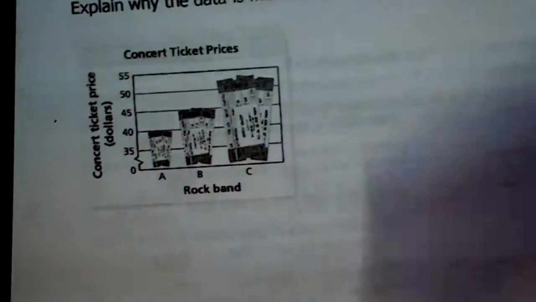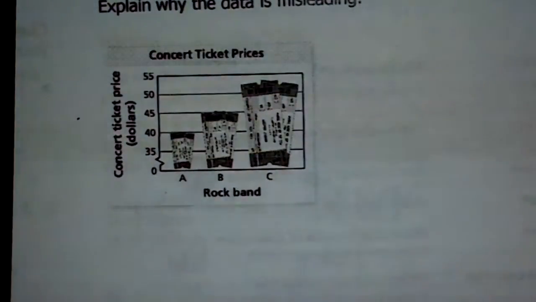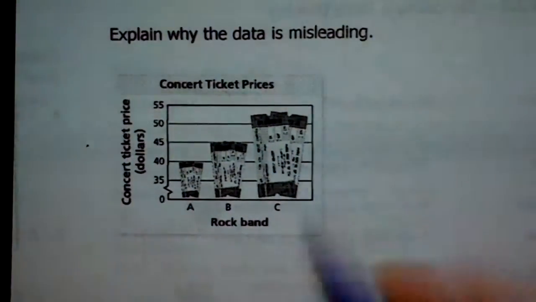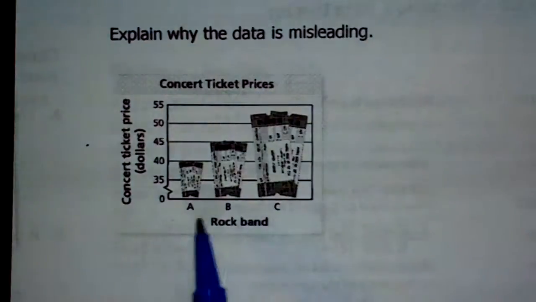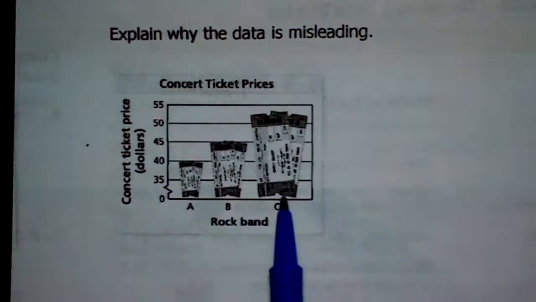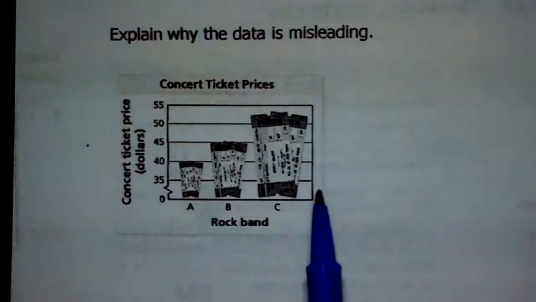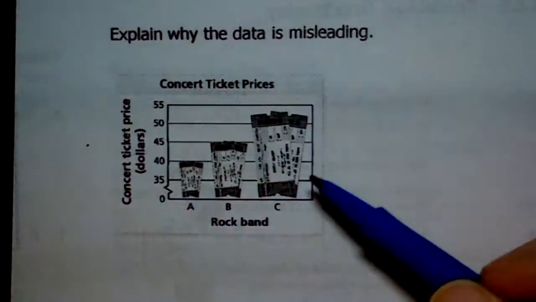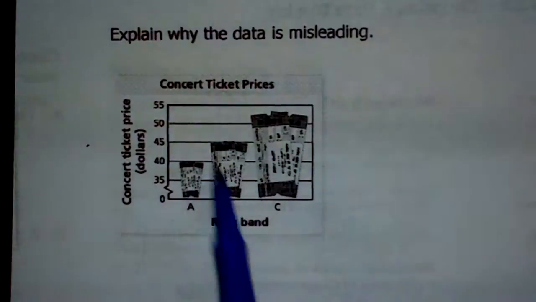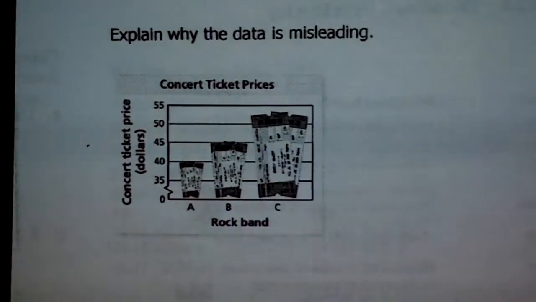All right, now take a look at this one. It says explain why this data is misleading. Here are concert ticket prices. We have rock band A, rock band B, rock band C. Why is this misleading? What do you think? Well, do you see how the ticket size changes?